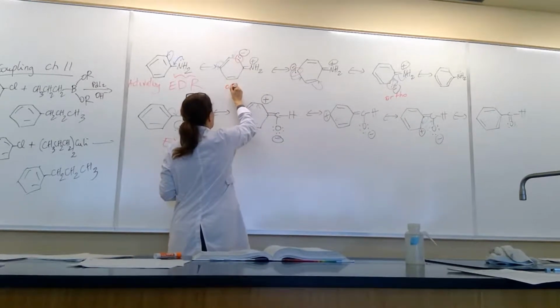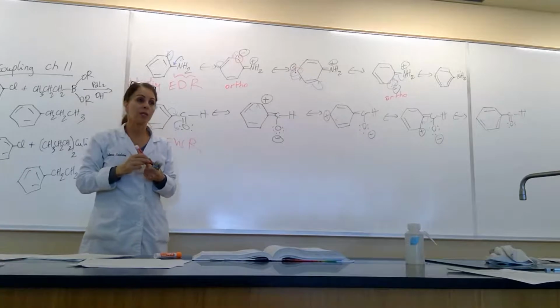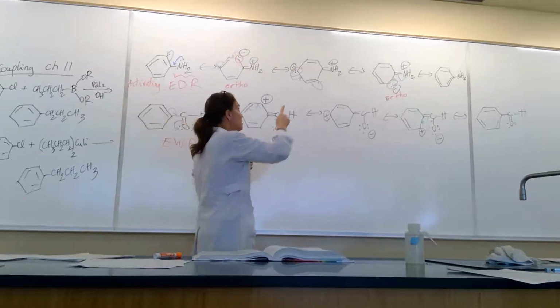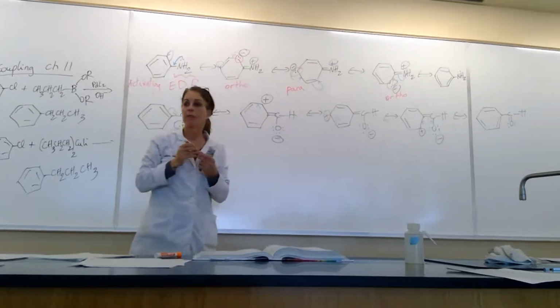So this is an ortho position. Why is it the ortho position? That's where the reaction would happen, because that's a center that is negative. This position is called para. Okay?